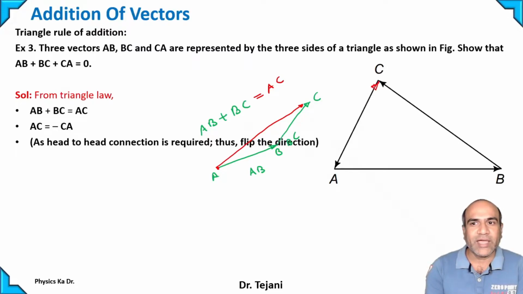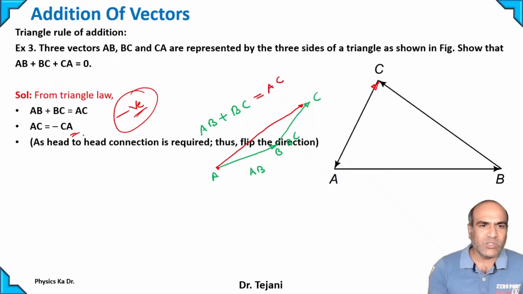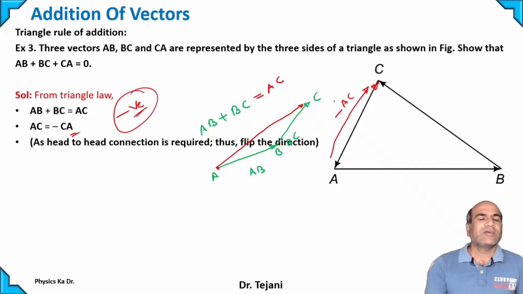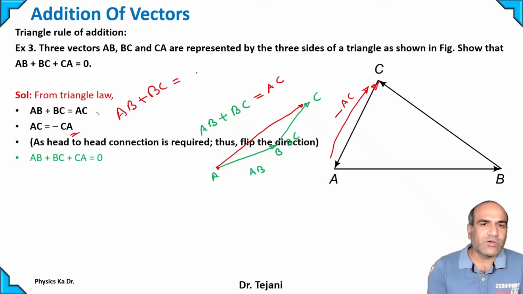The head should meet on the opposite side, so we require a negative vector multiplied by minus. So AC is equal to minus CA; the opposite vector is equal to minus. Just convert this into the opposite direction. Put the value here: AB plus BC is equal to minus CA. CA is on the opposite side, so it becomes this side.